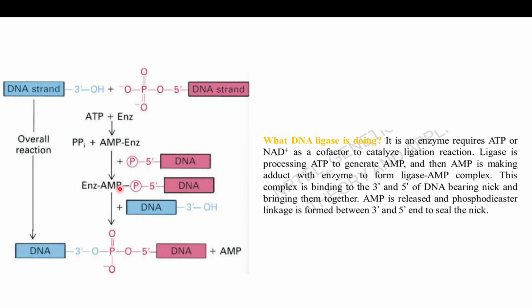What the enzyme does is release AMP, and the phosphodiester linkage is formed, thereby joining these two DNA strands together. So DNA ligase utilizes one ATP molecule to create one phosphodiester linkage, joining two DNA fragments.